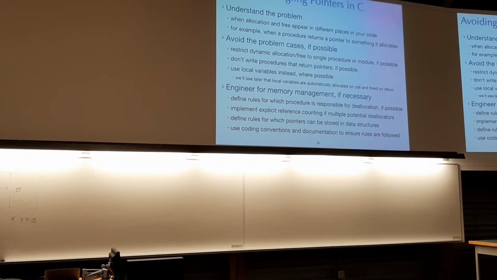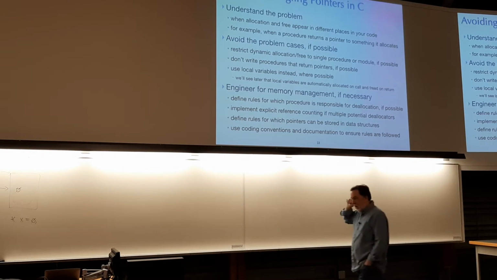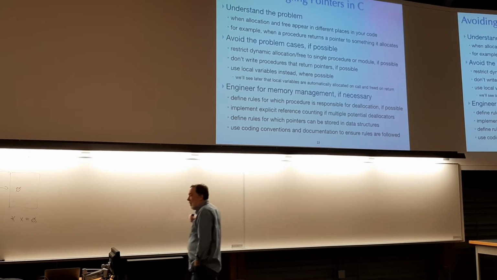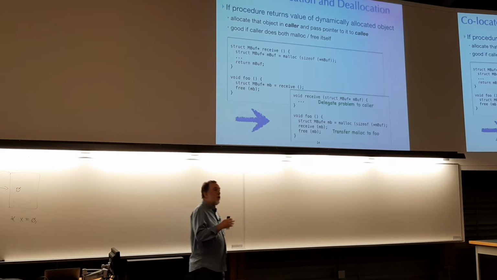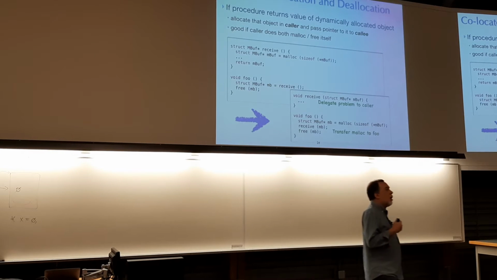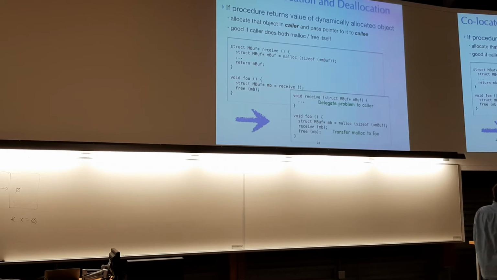So memory leaks are on one side of the problem and dangling pointers on the other. And of course the goal is to have neither of these bugs. And the only way that can happen is if you make that happen as a programmer. So we're going to talk today about some best practices, the easy case first, and then we'll look at the hard case in the second half of the class.